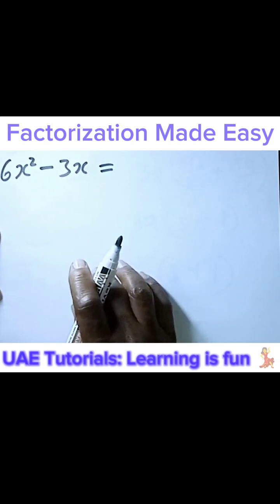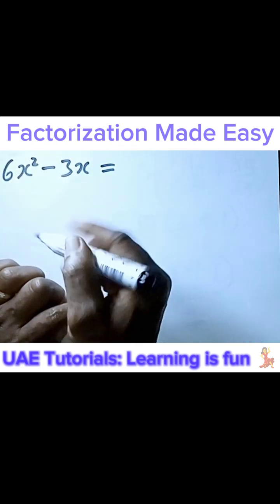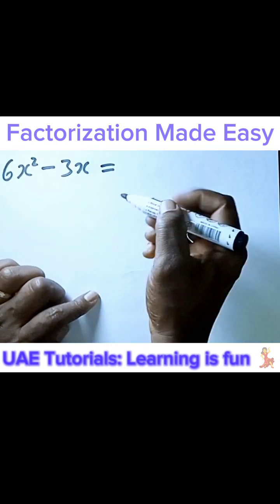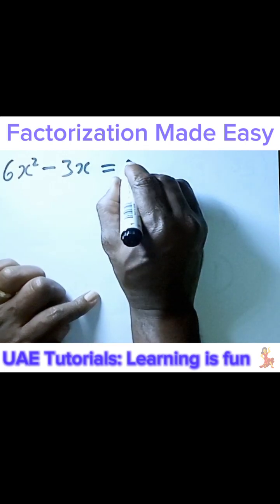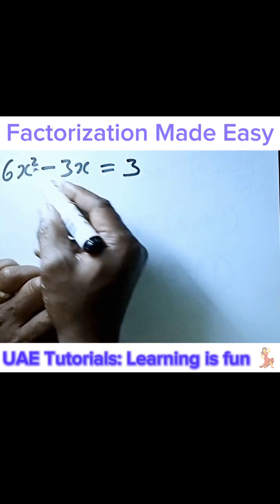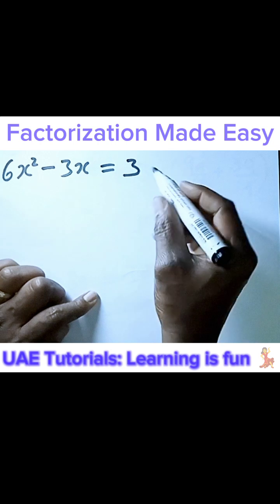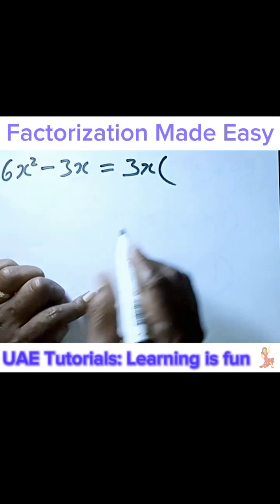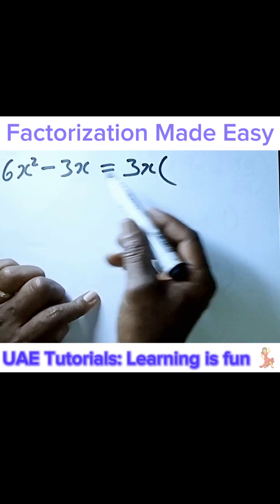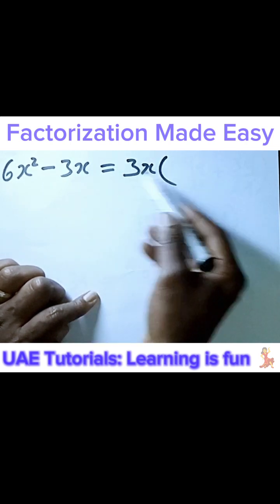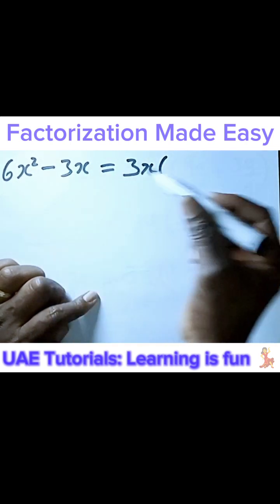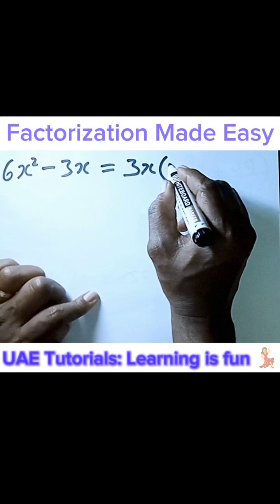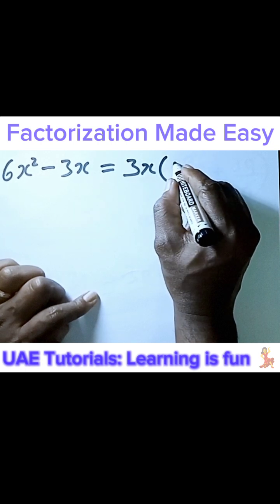We have another example here. I have 6x squared and I have 3x. What is common to both 6 and 3? What is common is 3. What is common to x squared and x? X is common to both x squared and x. So I'll open my brackets. Now, when 3x divides 6x squared, what will be remaining there is just 2x.